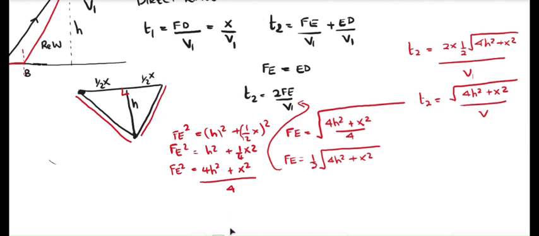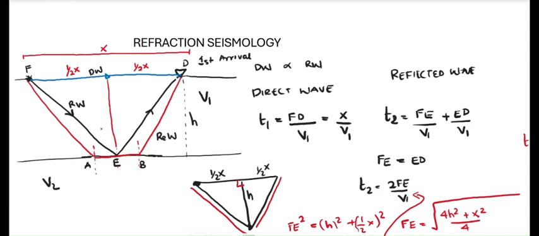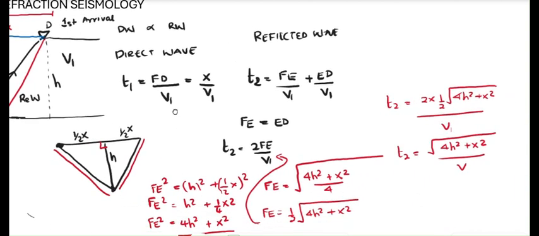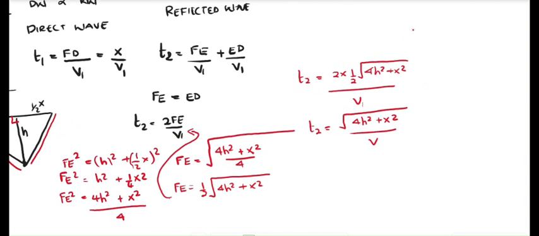Now, remember that what we are trying to do is simply to know which of these waves will get to the geophones first. So we are expressing these waves in terms of time. Now we are first looking at the direct wave and the reflected wave. Now we realize that T1, which is the direct wave, the time for it to get there is given by this equation. Then T2, the reflected wave, the time for it to get to the geophone is given by this equation.